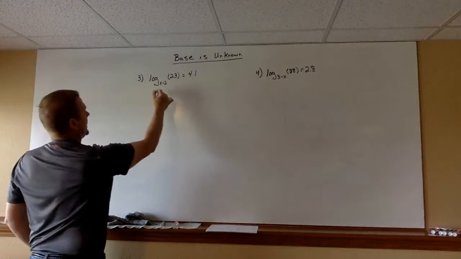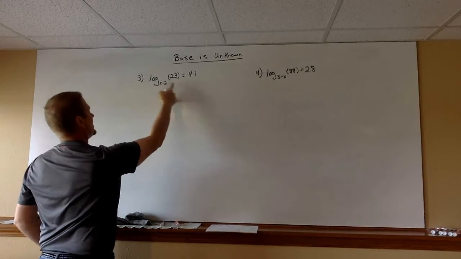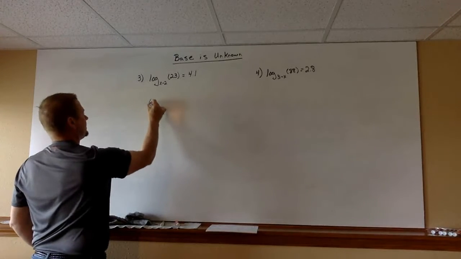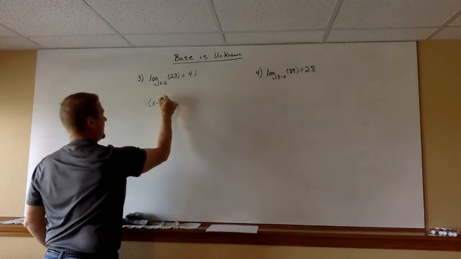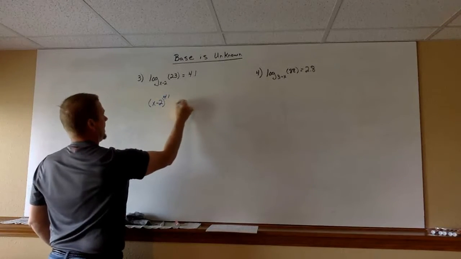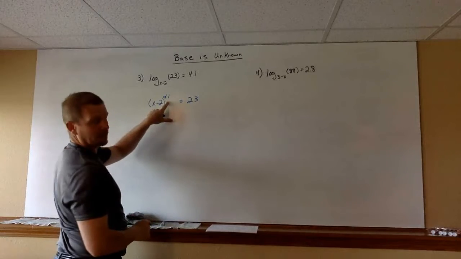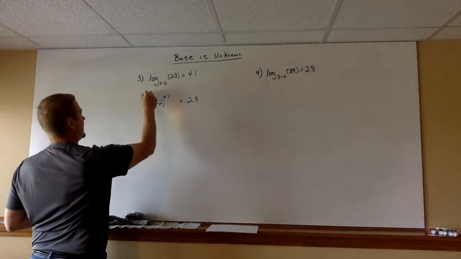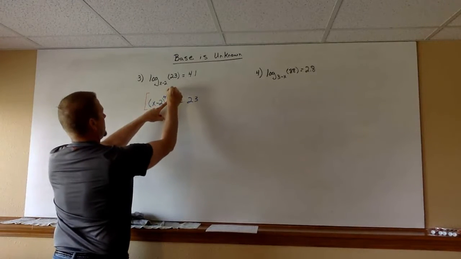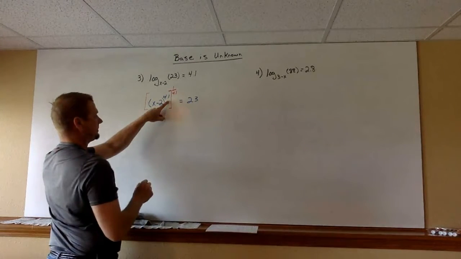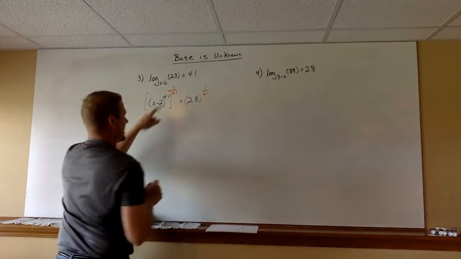Looking here again, I have my log isolated with a variable in the log, so I'm going to switch forms. It's going to be x minus 2, that whole base, to the exponent of 4.1, equals 23. I don't want to take the 4.1 root of that. The easier thing to think about is if I take that power to another power of 1 over 4.1, and if I do it to that side, I have to do it to this side.